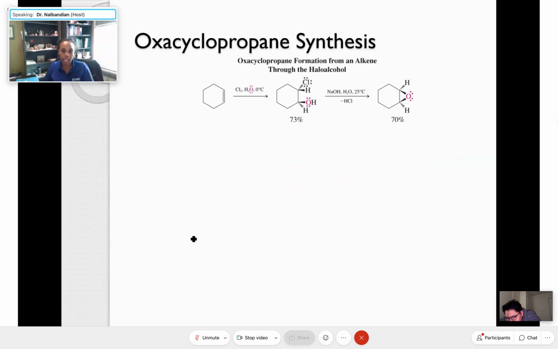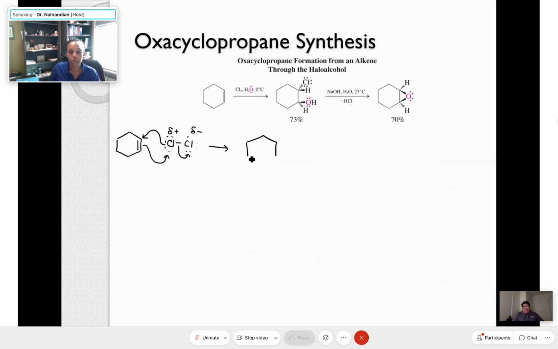So what is happening here for this mechanism? First we have our cyclohexene reacting with chlorine. And just as we saw before, we're going to polarize, so partial positive, partial negative. So from the middle of the bond to the chlorine, and then we need a third arrow from a lone pair to one of those carbons, which gives us this as a product.